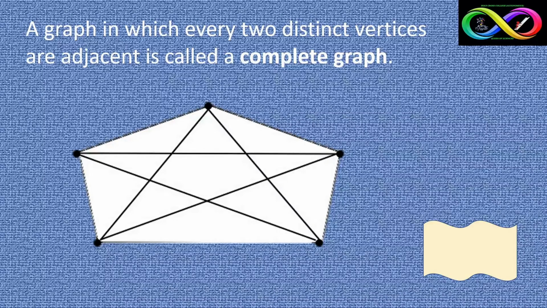That means every two vertices are connected to each other. Let us take a vertex from the bottom and another one from top. Is it connected? Yes. Similarly, if we check any two vertices, we will come to the conclusion that they are connected, they are neighbors, they are adjacent. So, that graph is called a complete graph.